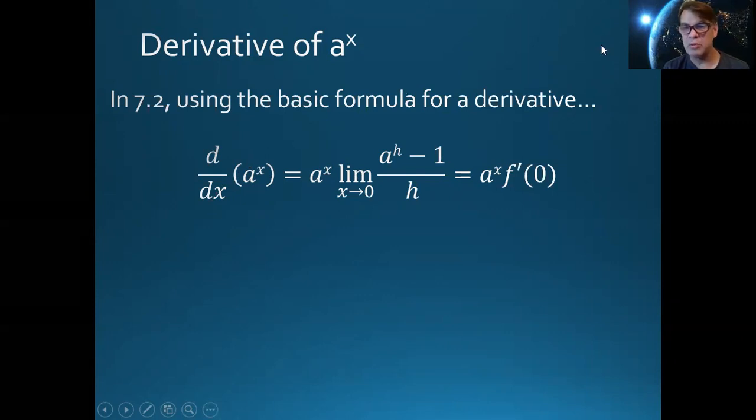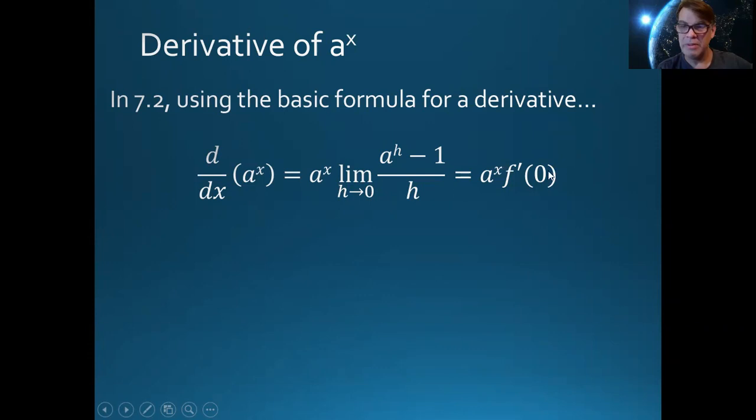In fact, let me change it real quick. Poof, it's an h. Okay, so the limit as h approaches 0 of a to the h minus 1 over h. Okay, and this is basically the derivative, f prime, at 0 because h is approaching 0. This is something that was demonstrated in 7.2.